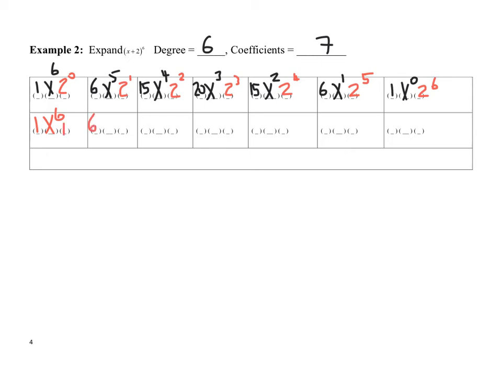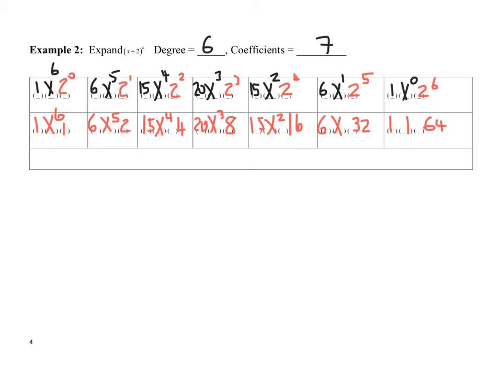So this is 6, x power 5, that's 2, that's 15, x power 4, and this is 4, and this is 20, x cubed, and this is 8, this is 15, x squared, 2 to the power 4 is 16, and this is 6x 32, and this is 1, 1, and 64.